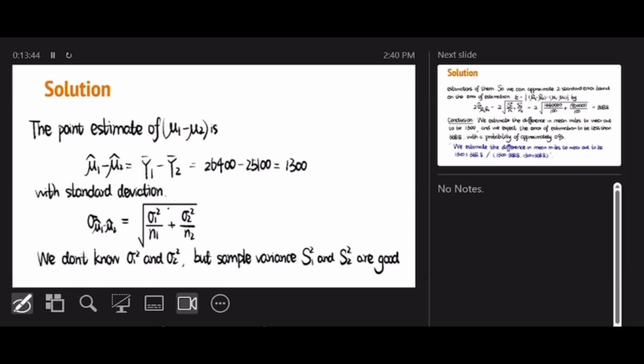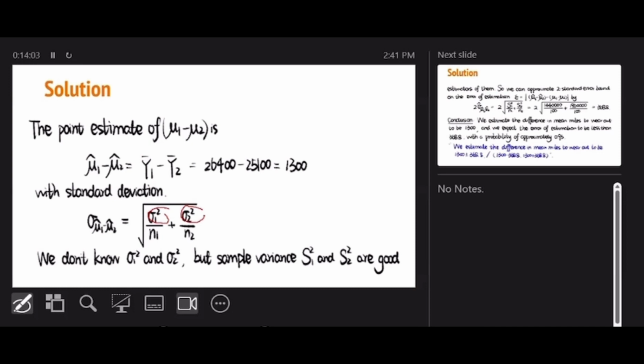Inside the square root, you can see sigma 1 squared, sigma 2 squared. Those are population variances. Sigma 1 squared is the population variance for the first population, and sigma 2 squared is the population variance for the second.